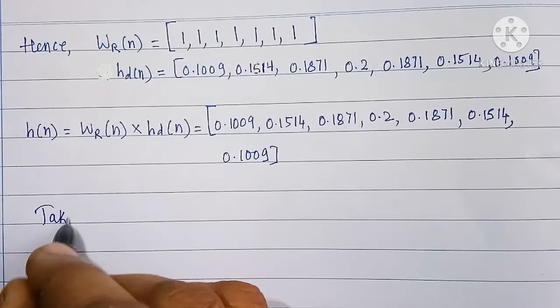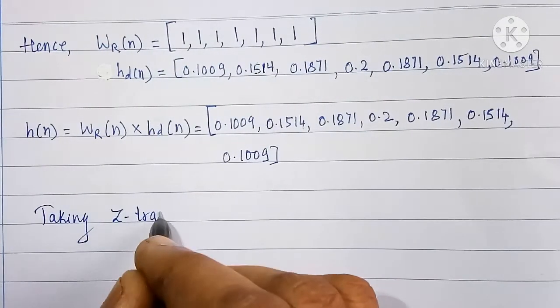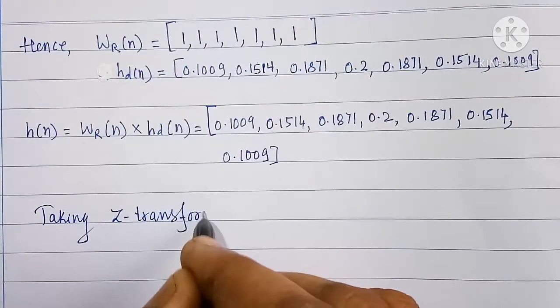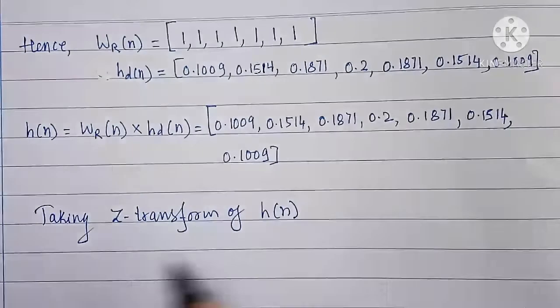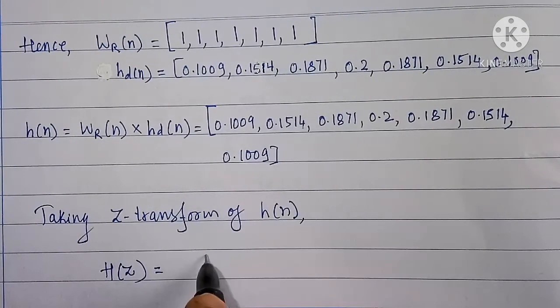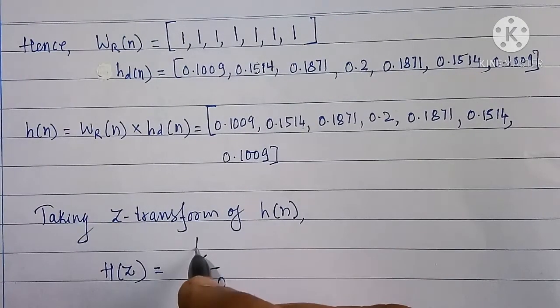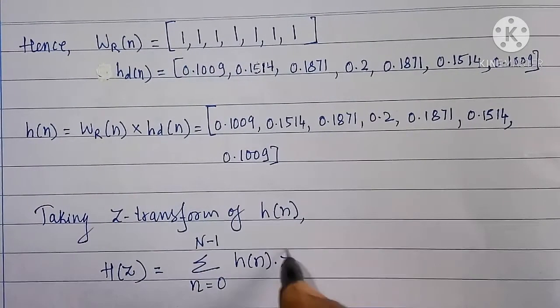So right here, taking Z transform of H of n, we get H of Z equal to summation from n equal to 0 to n minus 1 H of n into Z raised to minus n.